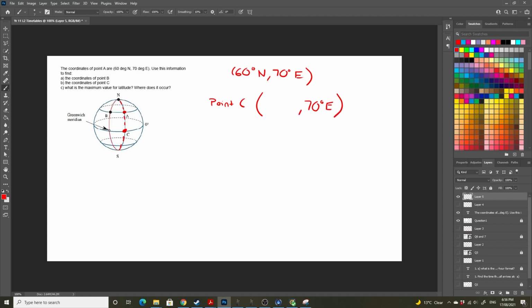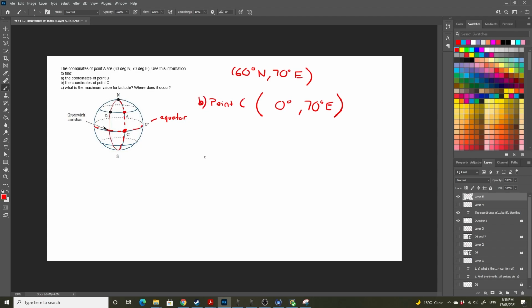And if we look closely, we can see C is actually on the equator, or 0 degrees. So we would write 0 degrees. We wouldn't write north or south because it's not on either side of the equator.